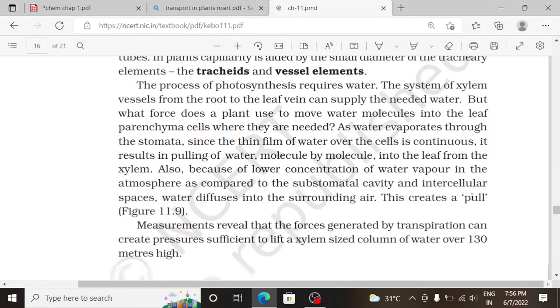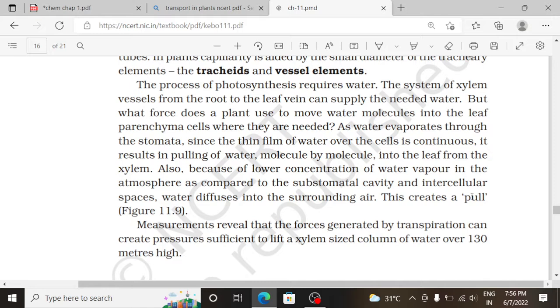The process of photosynthesis requires water. The system of xylem vessels from root to the leaf vein can supply the needed water. But what force does a plant use to move water molecules into the leaf parenchyma cells where they are needed? As water evaporates through the stomata, since the thin film of water over these cells is continuous, it results in pulling of water, molecule by molecule, into the leaf from the xylem.